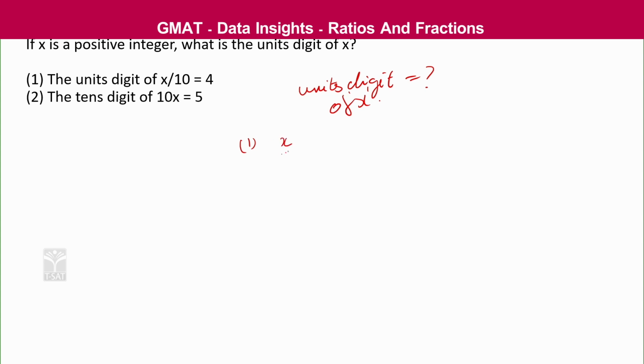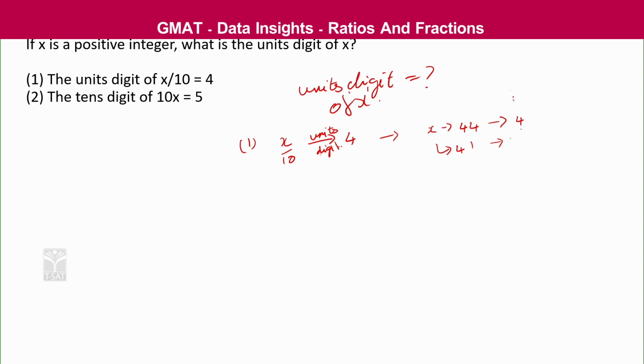But we need the units digit of x, not of x/10. So, it can be that x is 44, then for x/10 the units digit will be 4. Or x can be, let us say, 41. When you divide by 10 you will have 4.1.